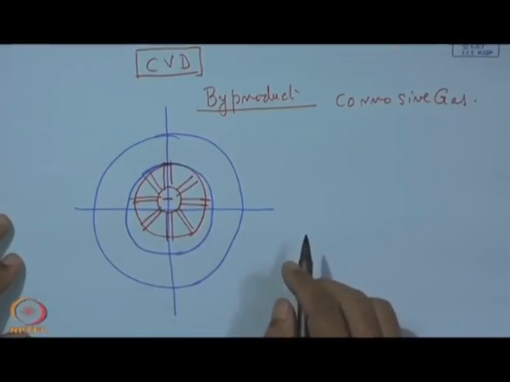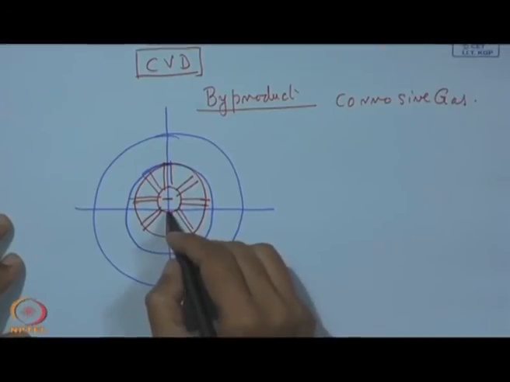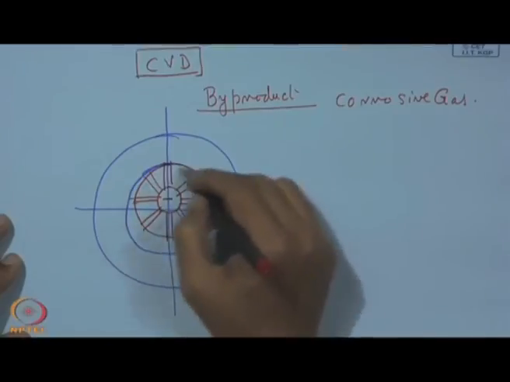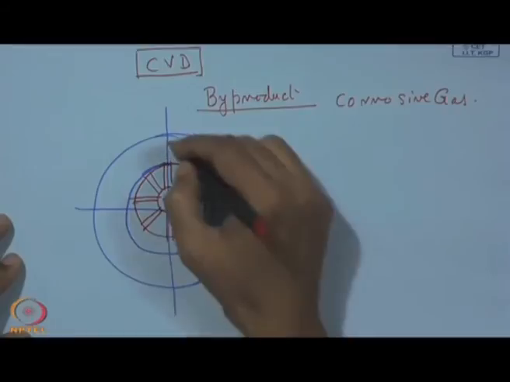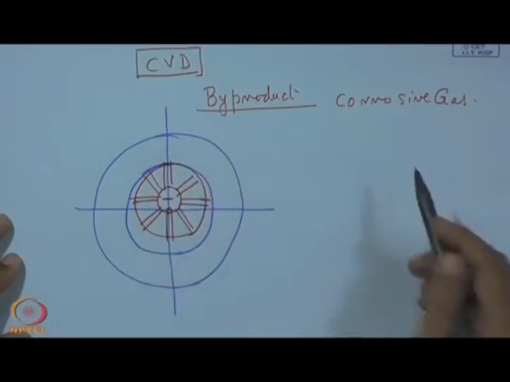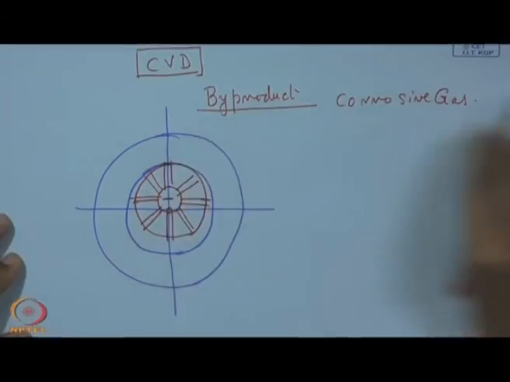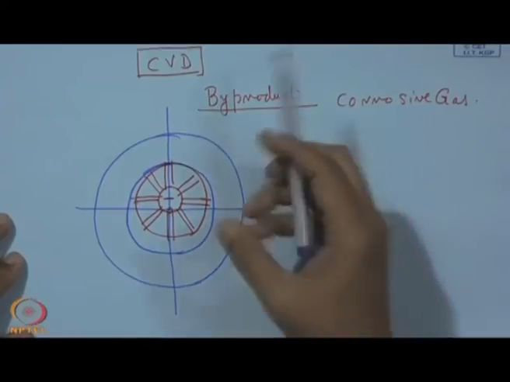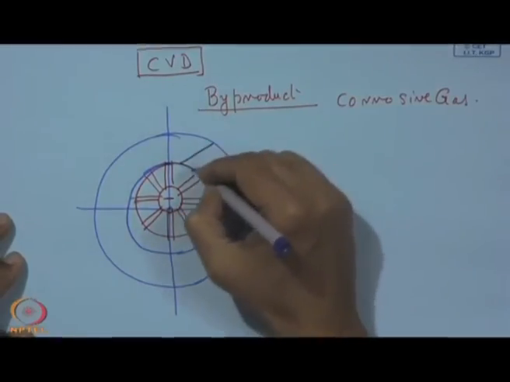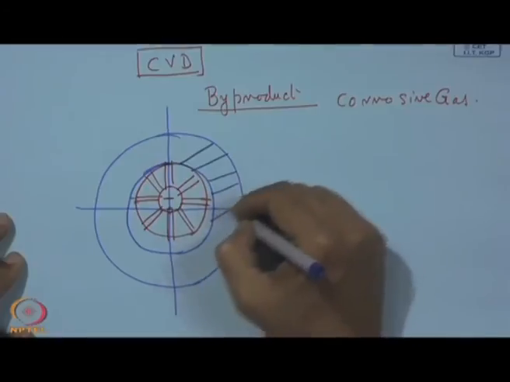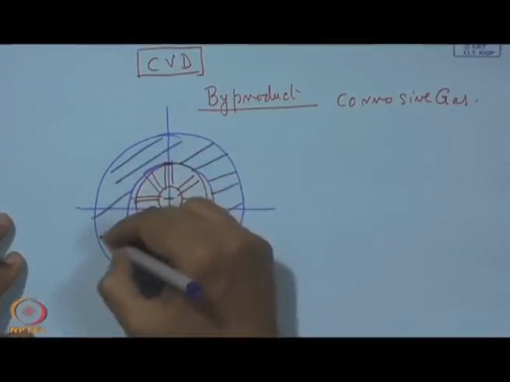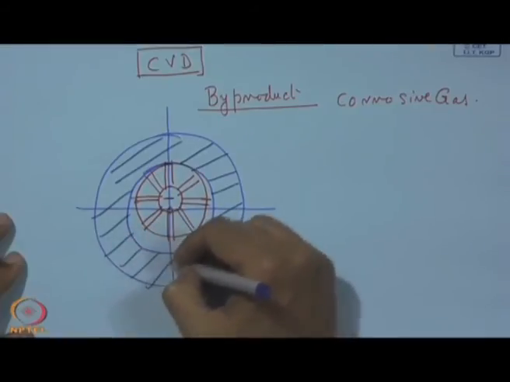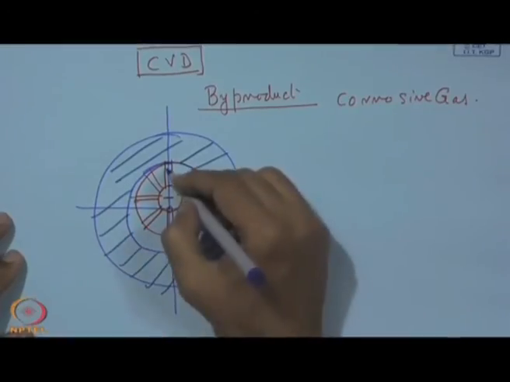So, we can see that this impeller is eccentric to the stator, and here we have this water ring. So, that means this is actually the water ring, it can be any liquid ring, and that is the border.